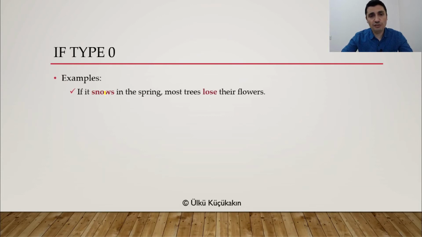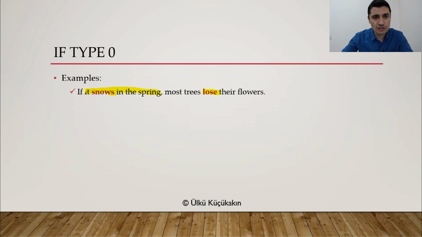If it snows in the spring, most trees lose their flowers. This is always the case. This is a general truth. It's maybe not scientifically factual, but this is always true in our life. So here, the if clause is the condition.